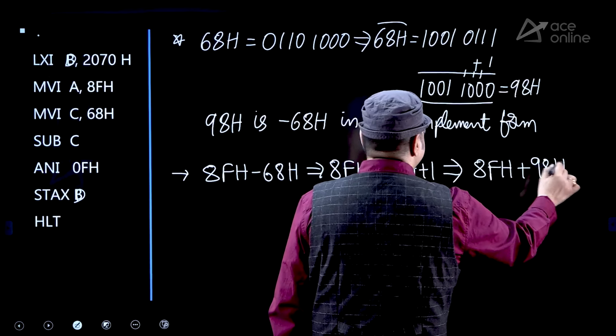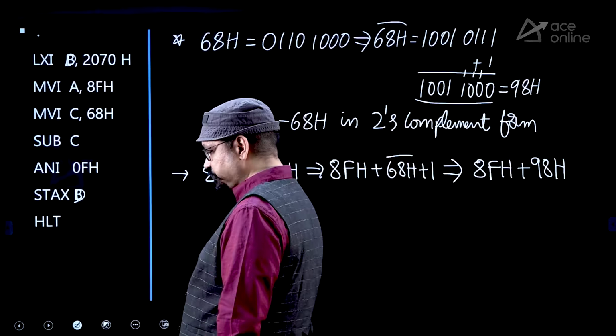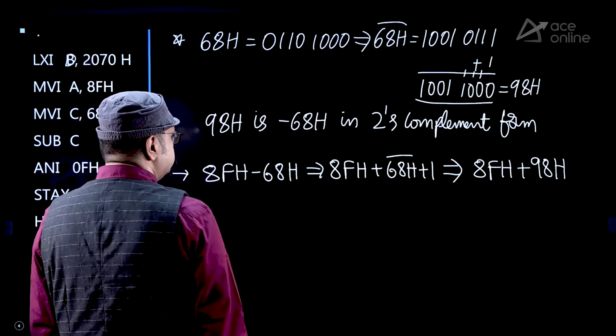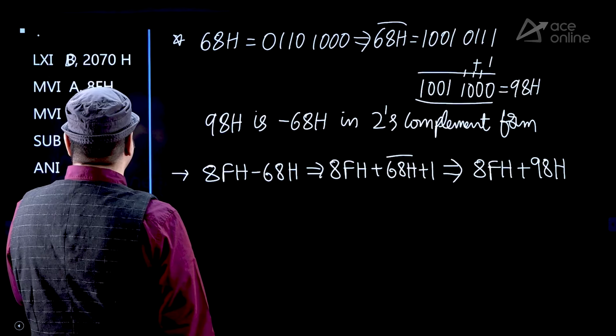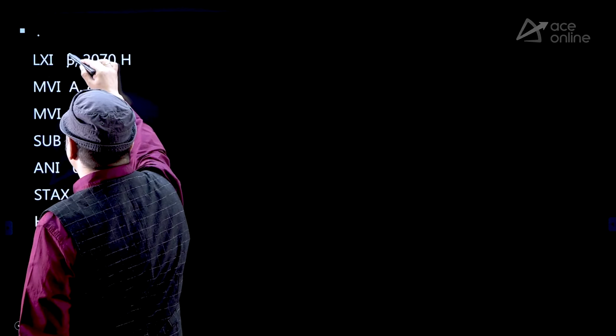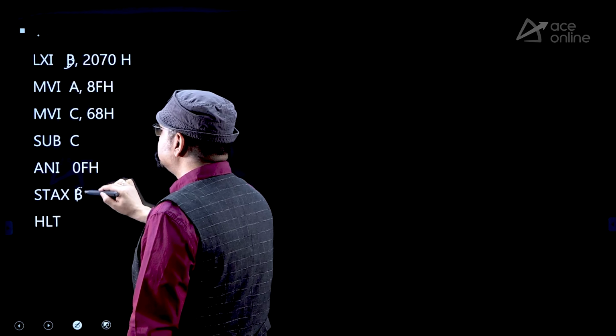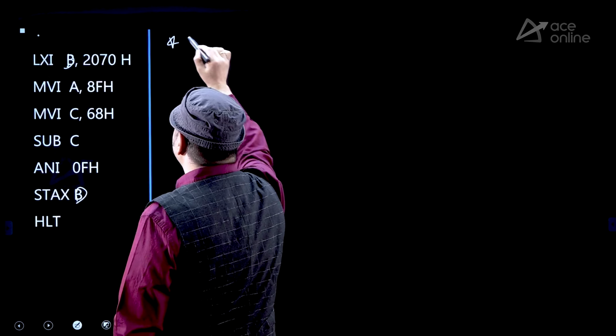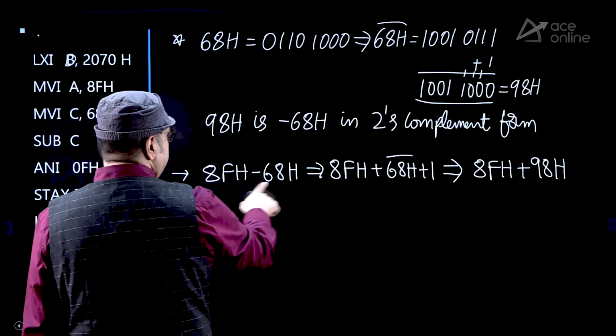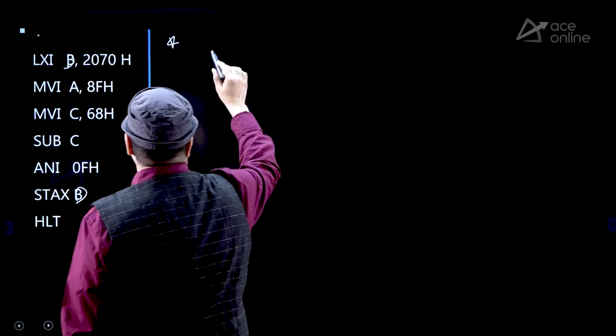This is how you are supposed to do it, the 2's complement technique. So do this: 8F hexa plus 98.